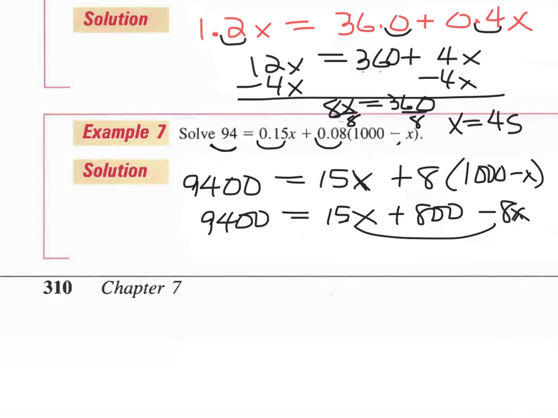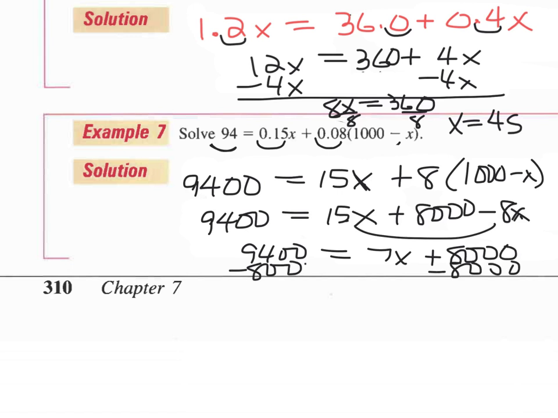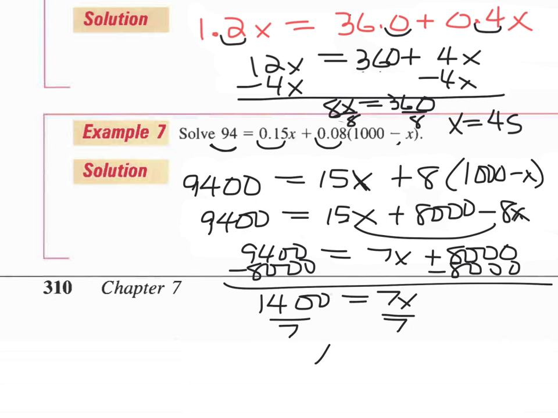And then group these like terms, and I get 9,400 is equal to 7x plus 8,000. Move the 8,000, and I get 1,400, divide by 7, and x is equal to 200.